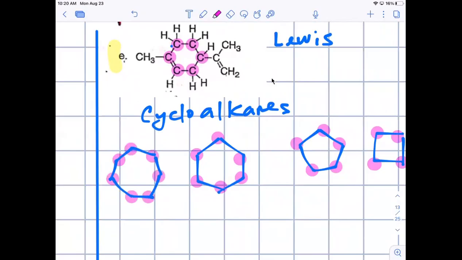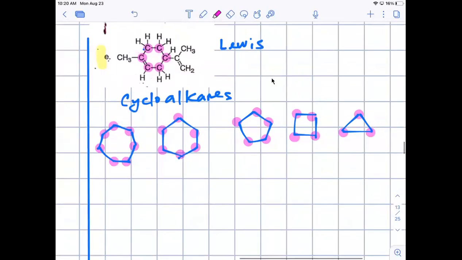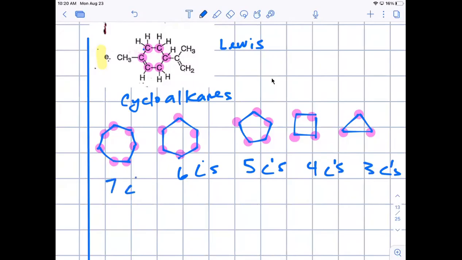Those cycloalkanes have a definitive shape. I'll put it down here, 6 C's. In the video that I sent you on skeletal and line forms, I think I had something about rings and the different shapes of the rings.